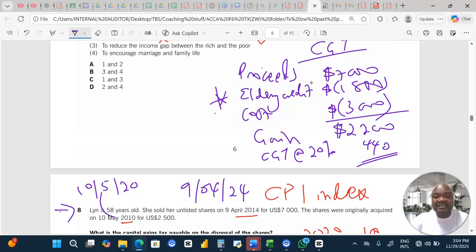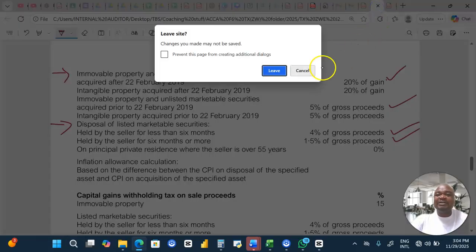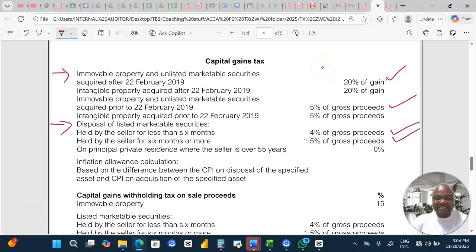These are tax credits applicable in the capital gains tax computation. So do not mix the two. They are different. So if you are that late in this particular exam, you will pass. I can bet with my salary, you will pass.